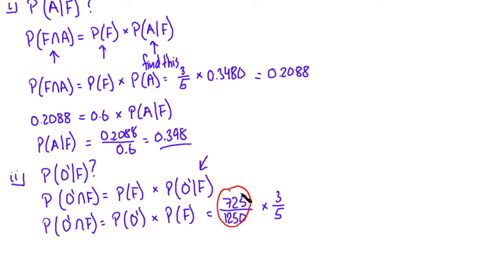The numerator and denominator can be divided by 25. 725 divided by 25 is 29, and 1,250 divided by 25 is 50. It just makes the numbers a little more manageable. So what we're left with is 29/50 times 3/5.